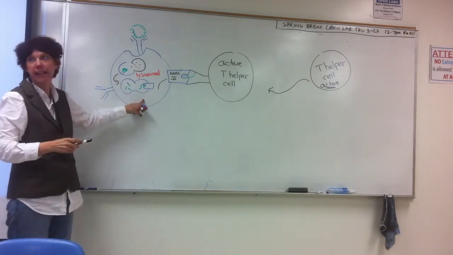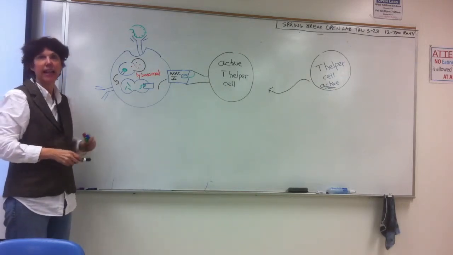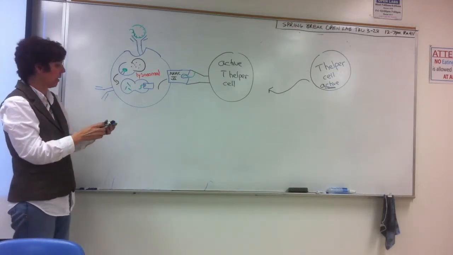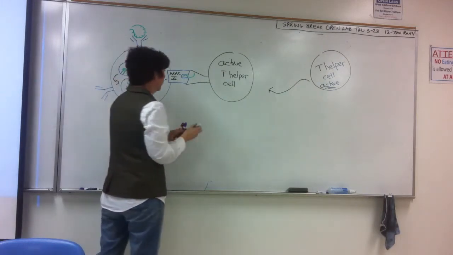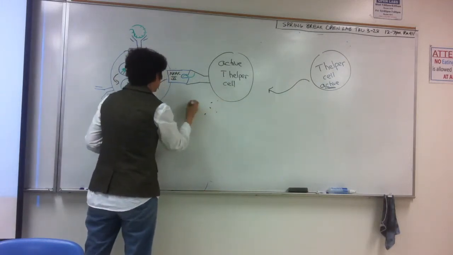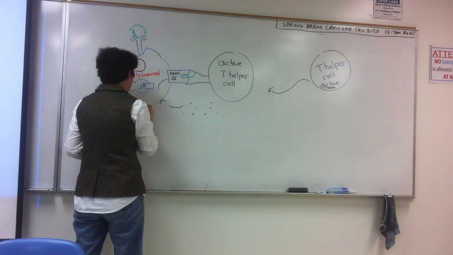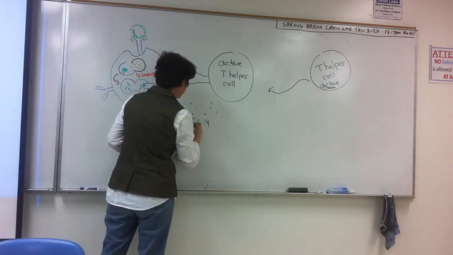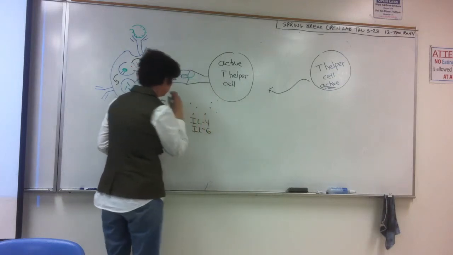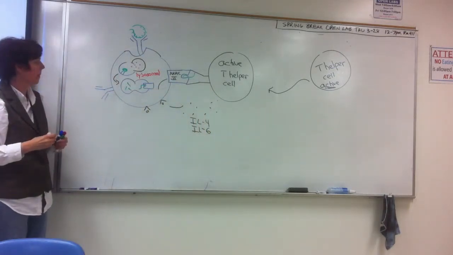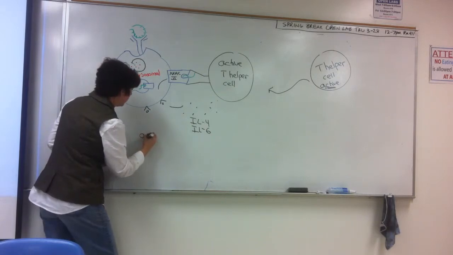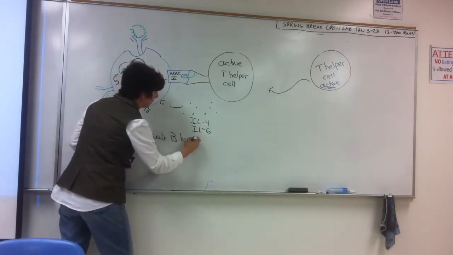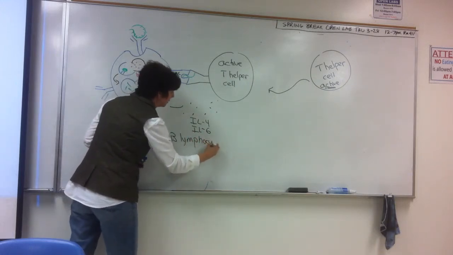And now it's going to activate the B cell. Instead of interleukin 2, which is what it activated the T helper cell with, it's going to activate the B cell with interleukin 4 and interleukin 6. And these activate the B lymphocyte.